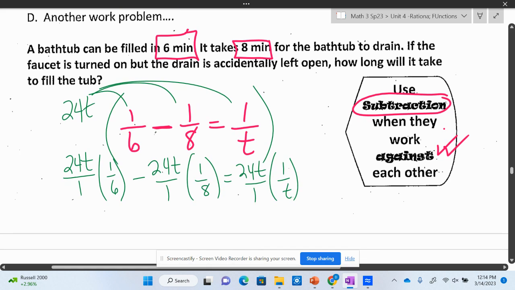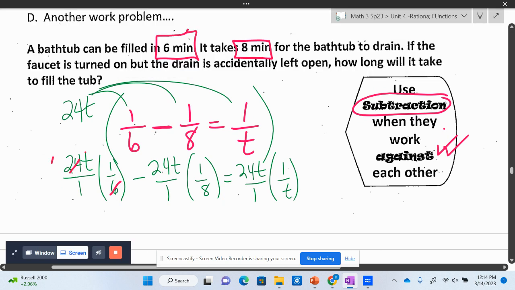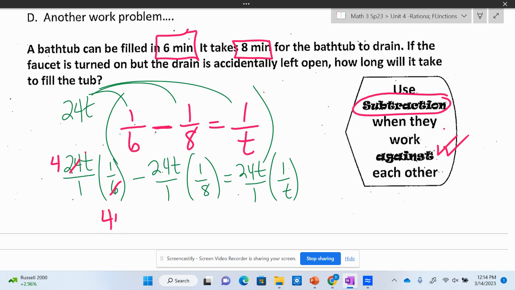So now we're going to cross reduce. 6 will go into 24 4 times. 4 times t times 1 is 4t. 8 will go into 24 3 times. 3 times t times 1 is minus 3t, because that's a negative. t will go into t 1 time. 24 times 1 is 24.